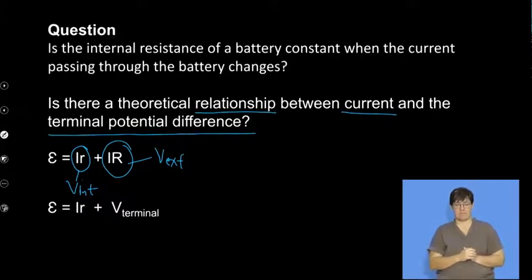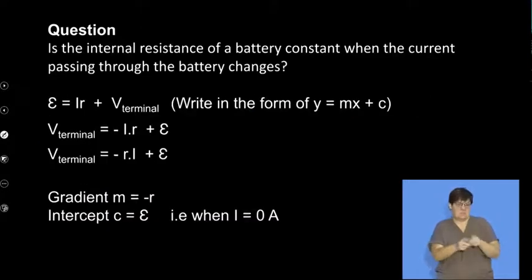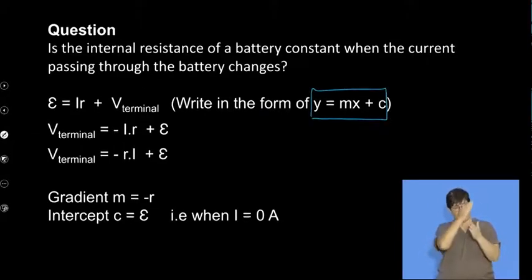There are variations of representing the same formula: EMF is equal to V internal, the lost volts, plus V external. We're still saying the same thing. We are going to look at that equation and try to express it in terms of the equation of a straight line. That's a mathematical skill that is very important and that we need to bring to the fore.